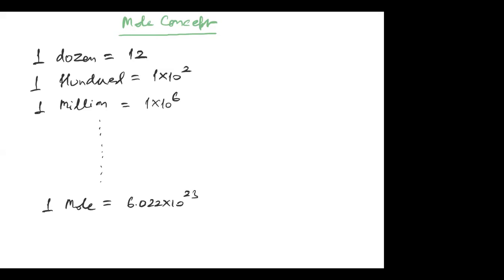So it is actually a huge number. It is also known as Avogadro's number, and it can be represented by NA, by N naught, or simply by capital N.